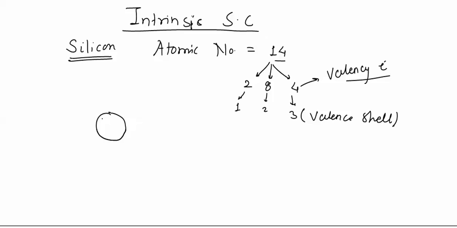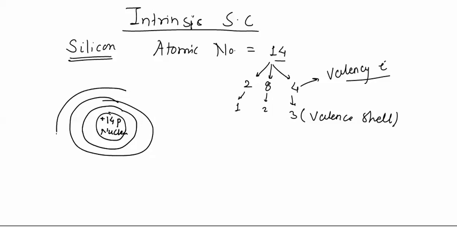In this atomic structure, there will be 14 protons and some neutrons, and around this nucleus there will be electrons orbiting. 2 electrons will be in the first shell and 8 electrons will be in the second shell, and the remaining 4 electrons will be in the outermost shell called valence electrons.